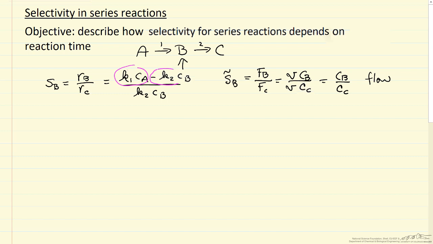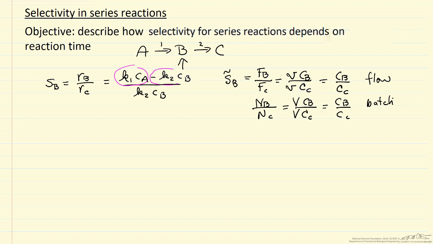It turns out for a batch reactor, it's identical, because the selectivity for a batch reactor would be the number of moles of B at any given time over the number of moles of C. And that's related to the volume of the reactor contents times the concentrations. And so batch and flow, if we're looking at plug flow, are going to have identical behavior. CSTR, of course, will be different.